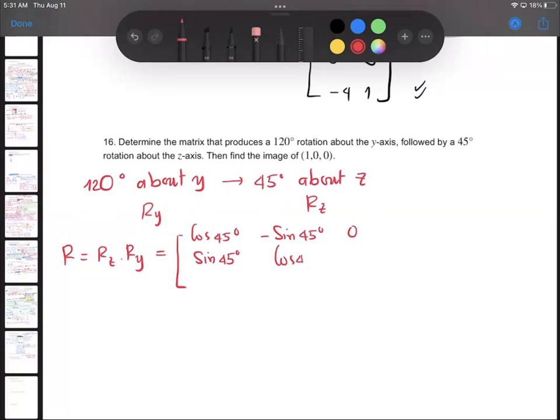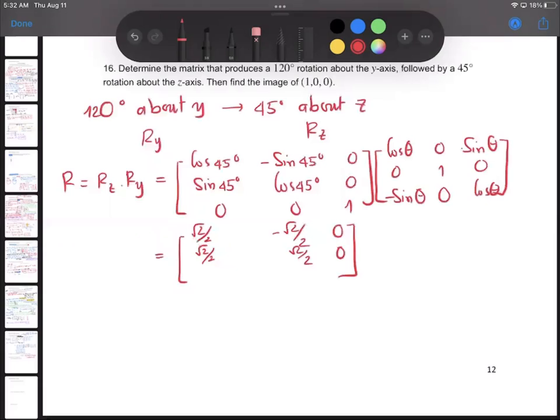Negative sine 45 is negative √2/2. 0. Then we have sine 45, √2/2, √2/2, 0, 0, 0, 1.